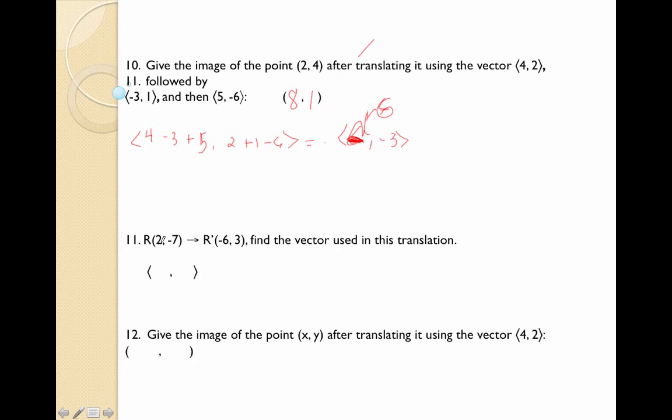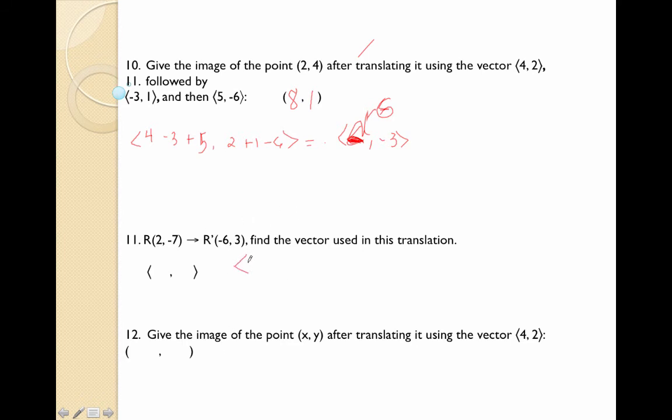On number 11, we have the point 2, negative 7, which ended up being negative 6, 3, after we added. So 2 plus something was negative 6. So what we can do, instead of solving for h, solving for k, we can skip that step and say, okay, negative 6 minus 2. That's what I had to add to get there.